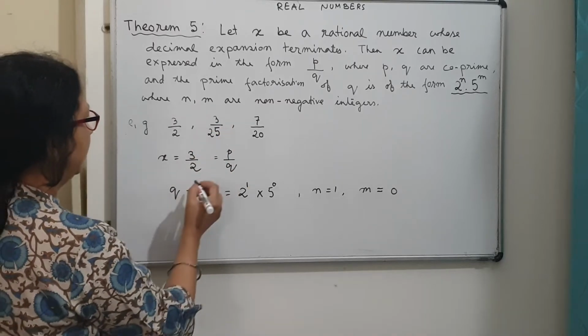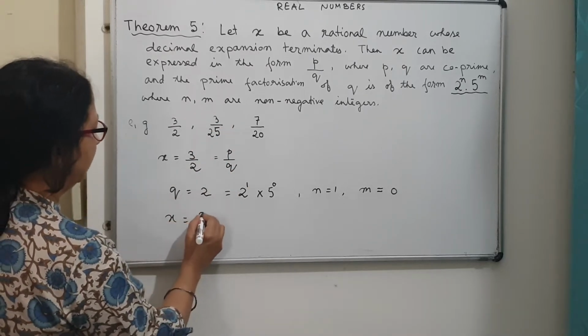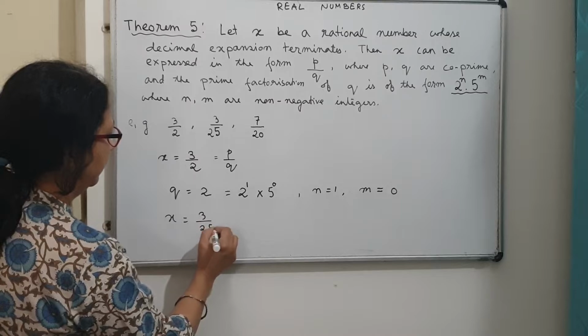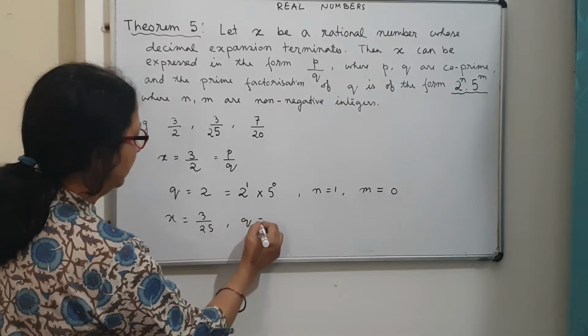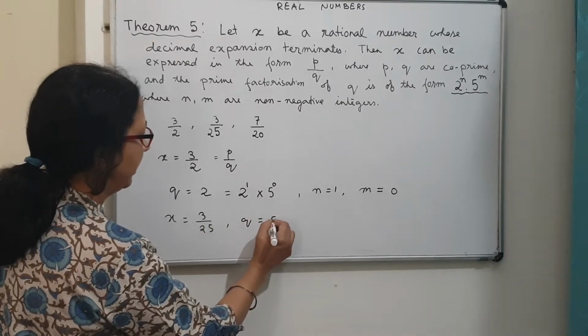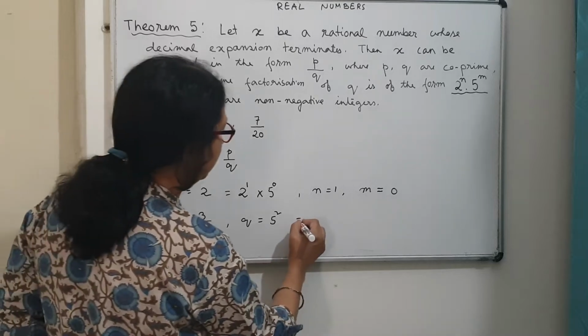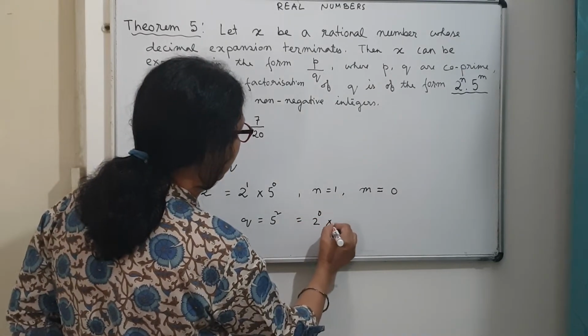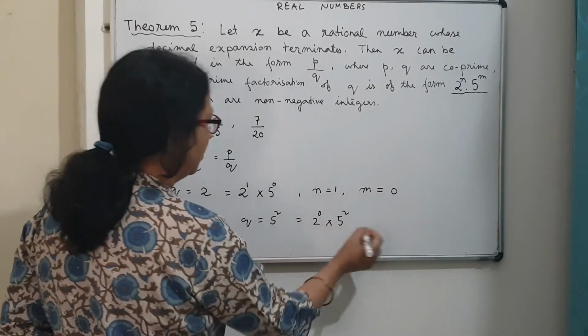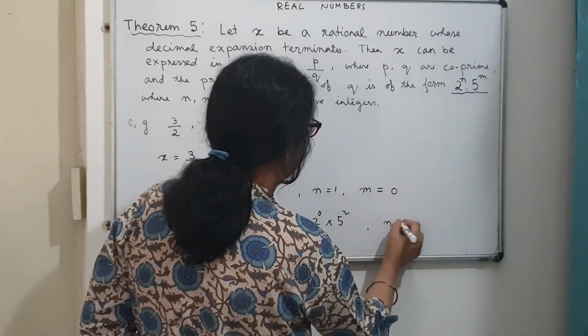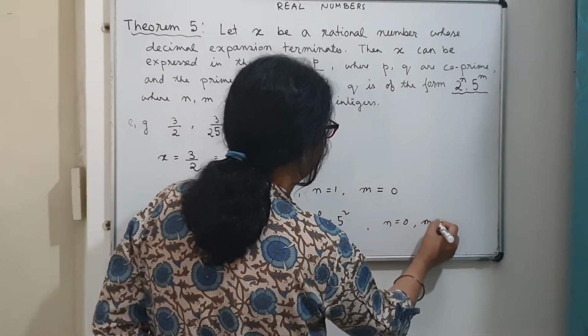Similarly, if I take x to be 3 by 25, then what is q? q is equal to 5 square. 25 is 5 square. It can be written as 2 to the power 0 into 5 to the power 2. So in this case, n is equal to 0 and m is equal to 2.